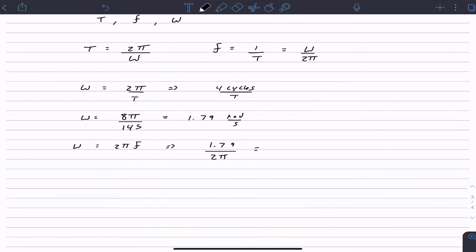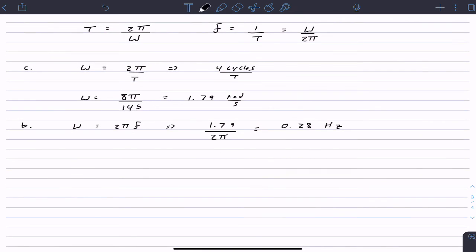That gives you a value of 0.28 hertz. This was C, I think. Yeah, C, and then this was B. So I'm just going backwards. There's another way to do this, and I'll show you in just 1 second. Don't worry, I won't go through all of the details, but there's another way that you can handle a problem like this.